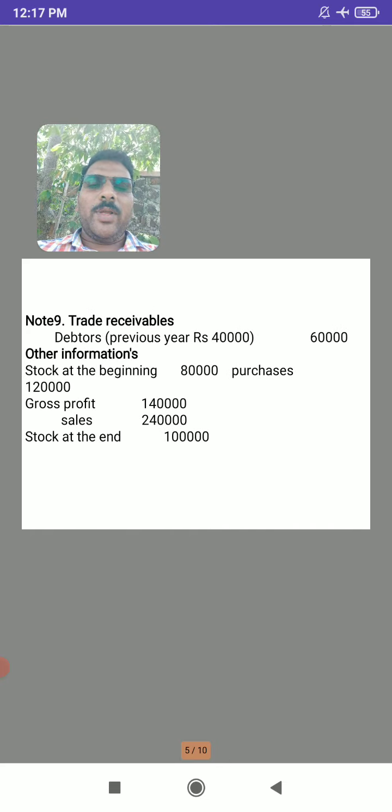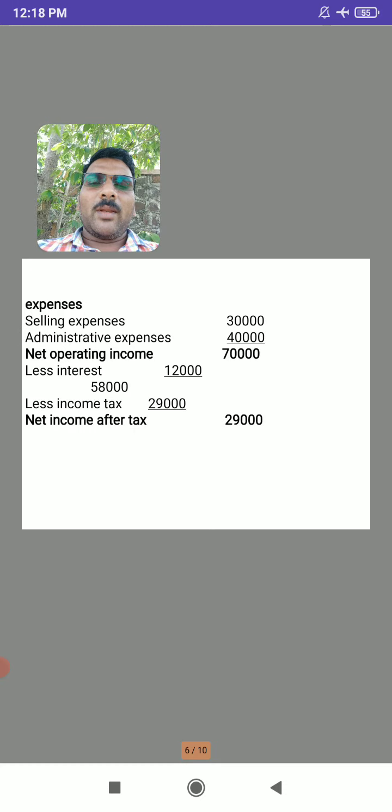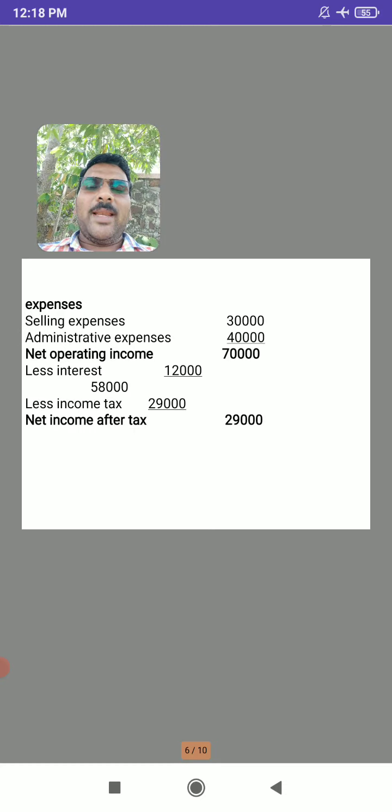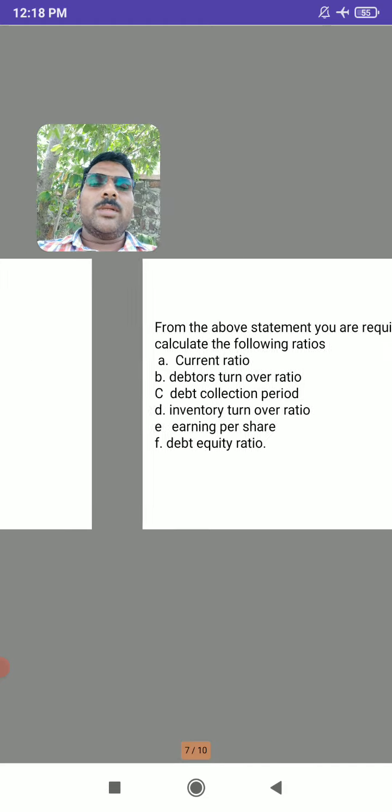So we have stock at the end of 1 lakh, and 70,000 as net operating income, less interest 12,000. After deducting interest from net operating income we get 58,000 as the balancing figure, and from that if we deduct income tax 29,000, finally we get net income after tax, that is, net profit after tax of 29,000.